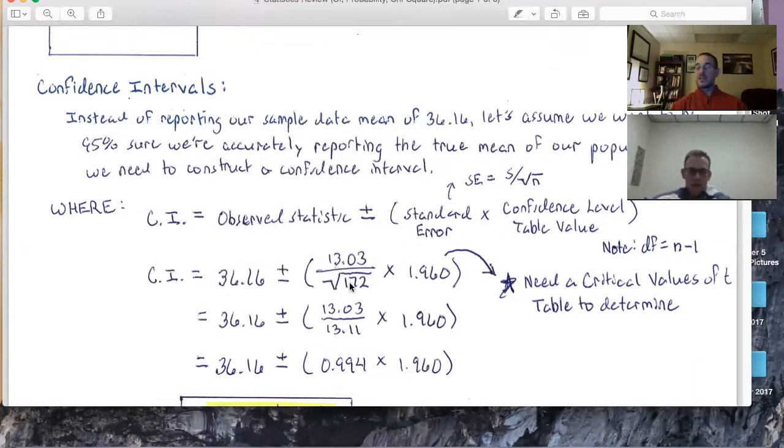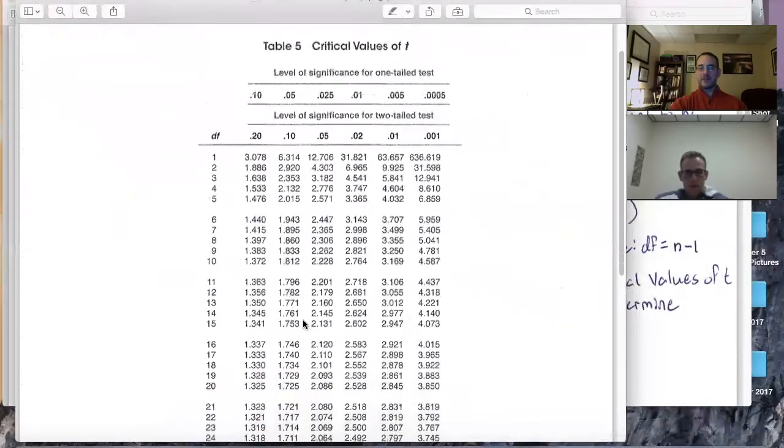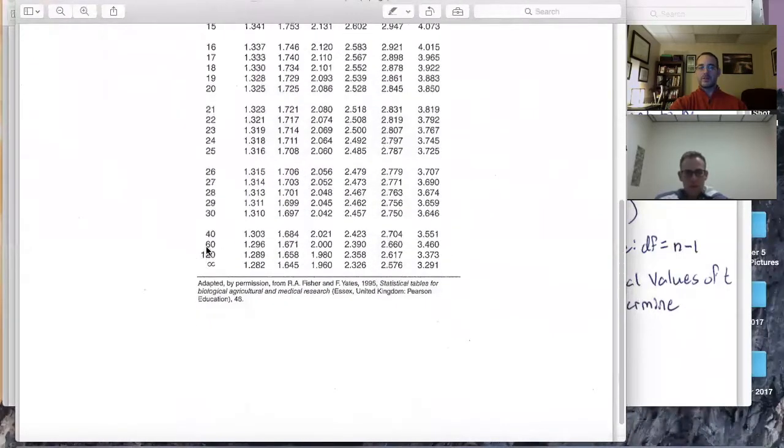So we had 172 data points that we're working with. So 172 minus 1 would be 171. Now this table that I have here only goes up to 120, and then from 120 to infinity.